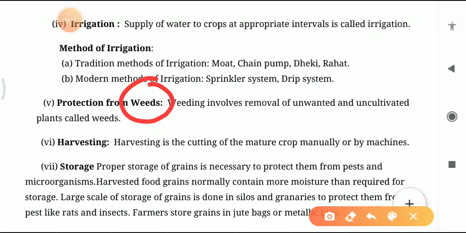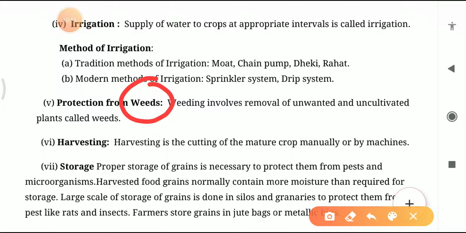Weeding involves removal of unwanted and uncultivated plants called weeds, meaning unwanted plants which grow in the main field. They are called weeds. But students, here we can use an agricultural implement.